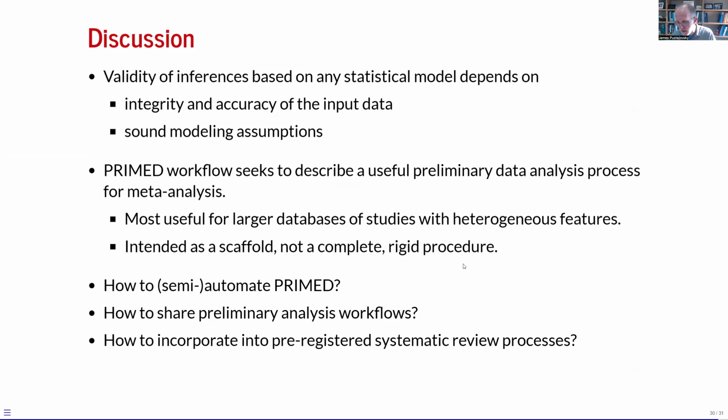I think there are also big open questions about how to build this preliminary data analysis workflow into a pre-registered process. Oftentimes, especially for large reviews, people will pre-register their aims, maybe even pre-register specific analyses that are to be conducted. And the preliminary workflow tends to be more exploratory.